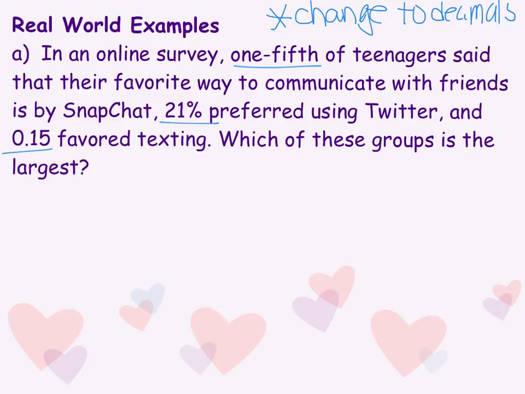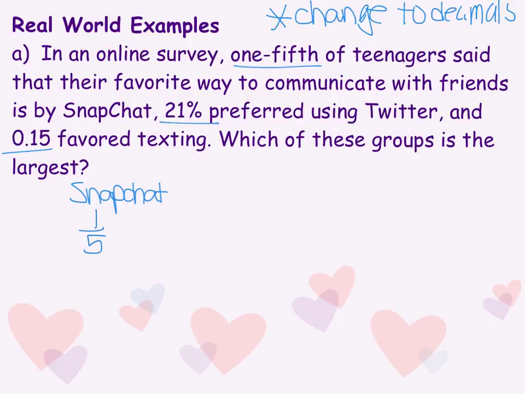So let's first start talking about our teenagers who like to communicate via Snapchat. It says that 1/5 of teenagers said their favorite way to communicate was by Snapchat. So 1/5. How do I turn a fraction into a decimal? Again, hopefully you know this.